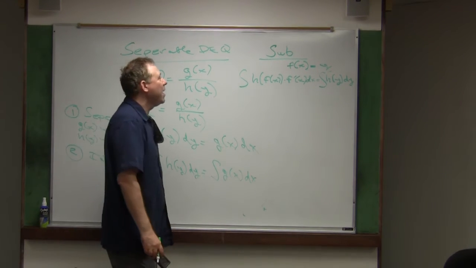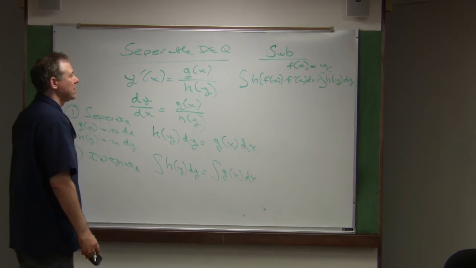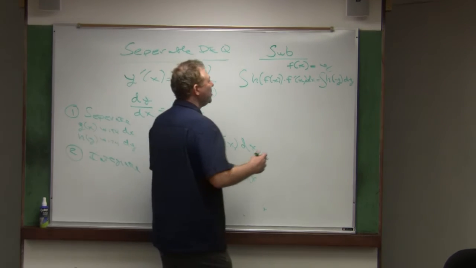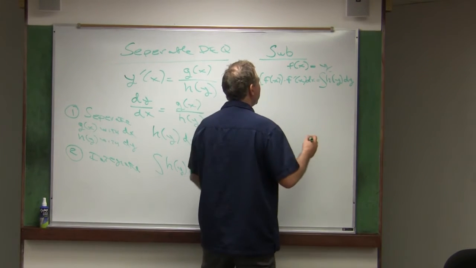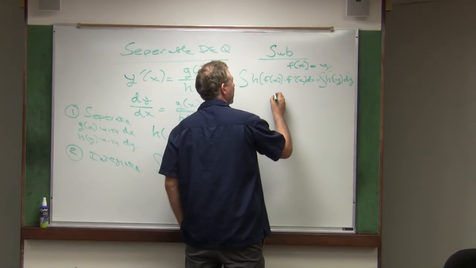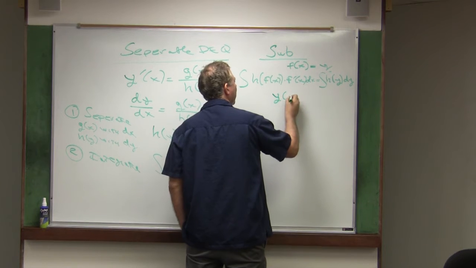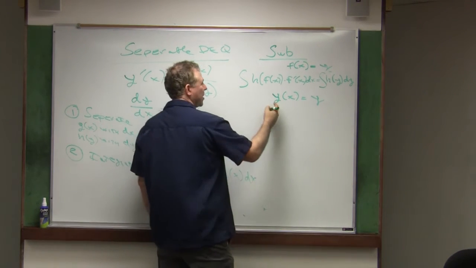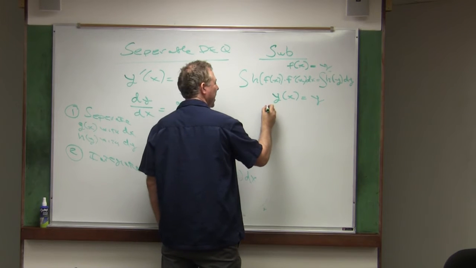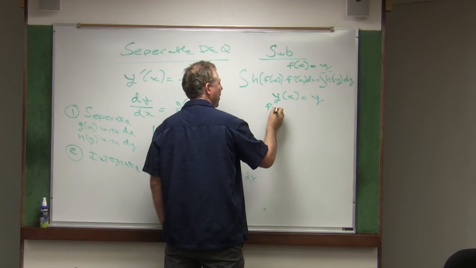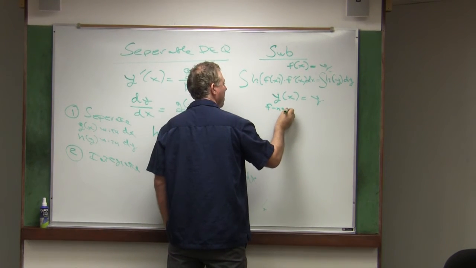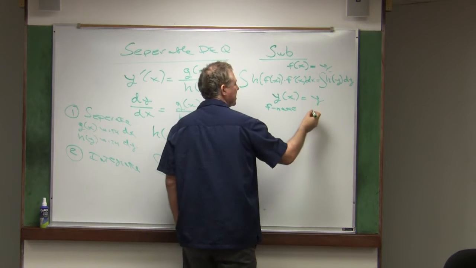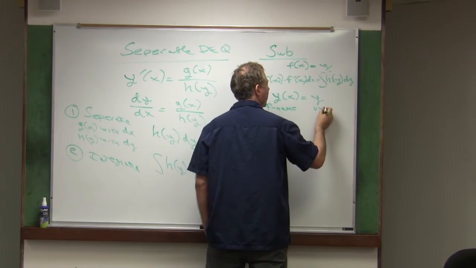In other words, I'm going to use this notation. It's going to look a little bit like an abusive notation, but I'm going to use y of x is equal to y. And in this context, y is a function name, so this instance is a function name, and this instance here is a variable name.